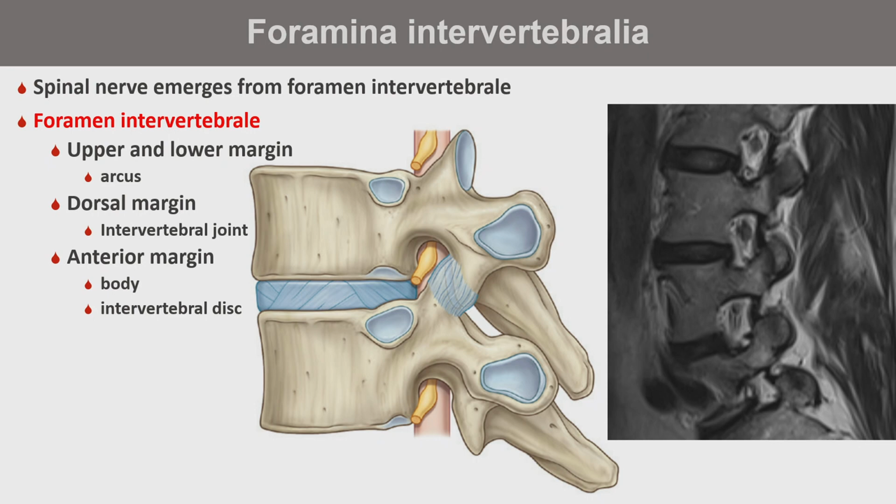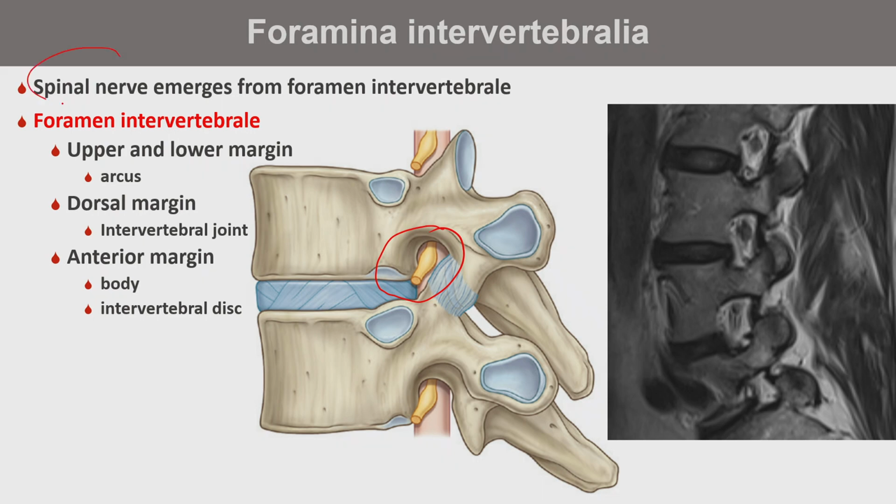So the next important thing is that from the spinal channel, and here this image is also from the first semester, we have foramina intervertebralia, intervertebral foramina. Those structures are the communication between the central nervous system and the peripheral tissues. The peripheral nervous system is emerging here.